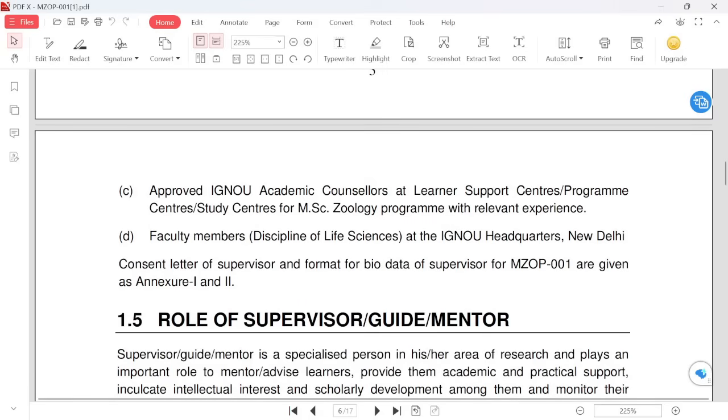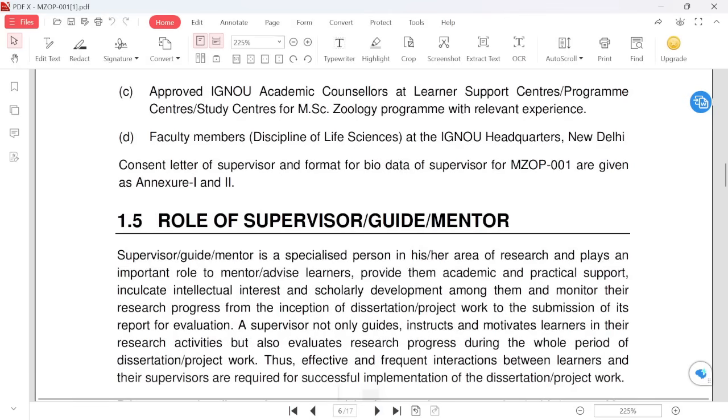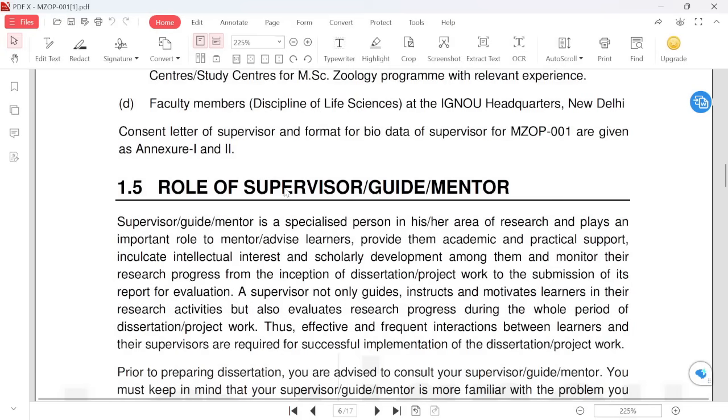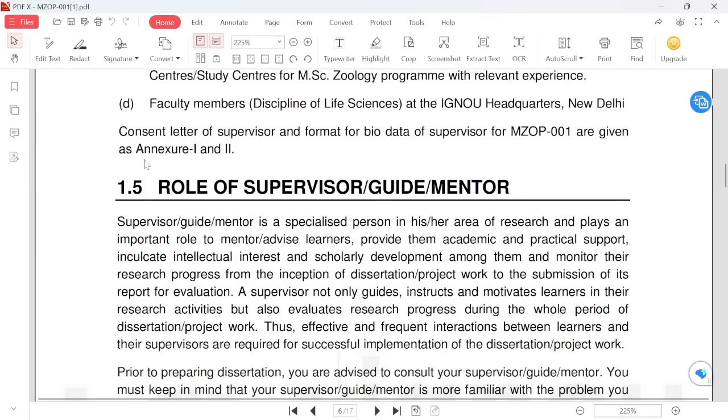Also, approved IGNOU academic counselors at learner support centers, program centers, study centers, MSc Zoology program with relevant experience, and faculty members of life science disciplines at the IGNOU headquarters in New Delhi. So these are the qualifications for your supervisor. The consent letter of the supervisor and the format of biodata of the supervisor for MSc Zoology are given in the annexure. You can check out annexures 1 and 2 at the bottom of this guideline.